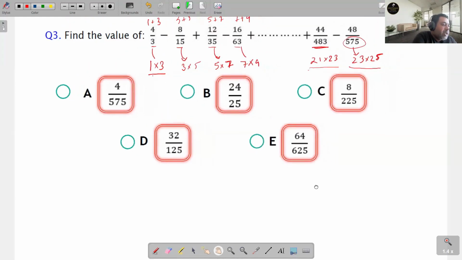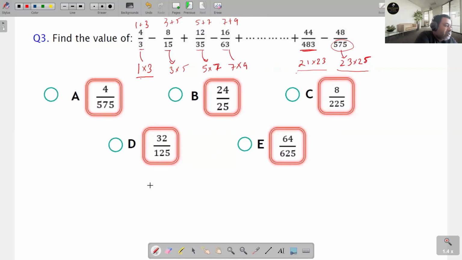So we take this term which is given there, and the first term we write down as 1 plus 3 divided by 1 times 3. Let me remove the brackets, we don't require the brackets. The next one is 3 plus 5 divided by 3 times 5.